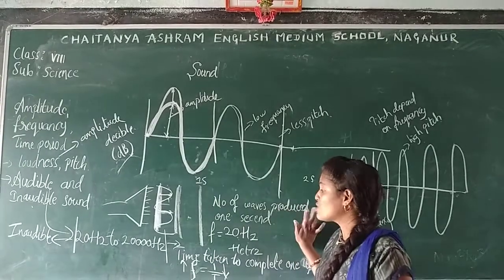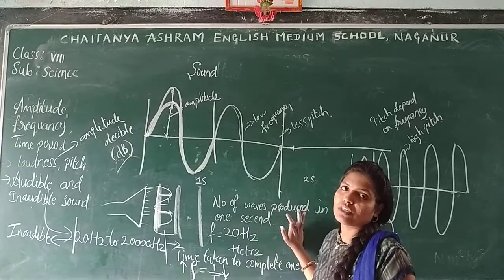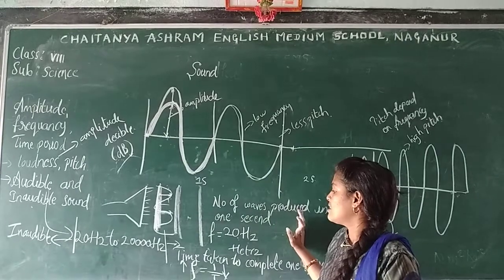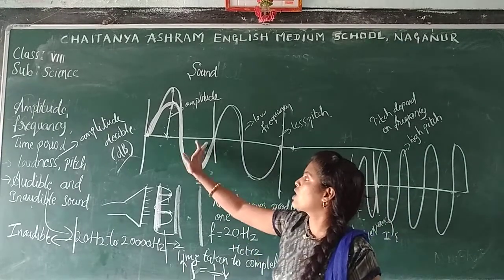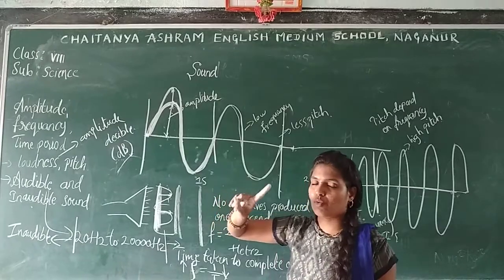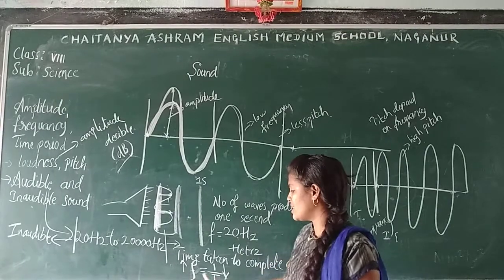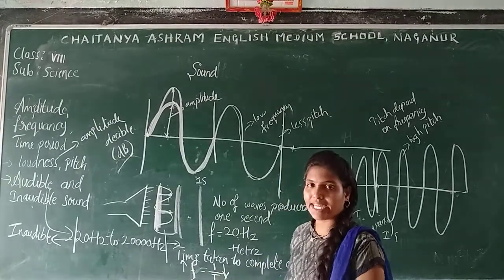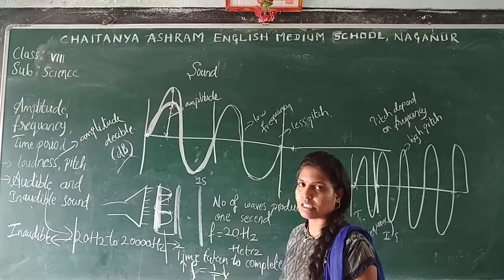If 20,000 are produced, then that is the frequency of that sound. Next, time period is the time taken to complete one cycle. The relation between frequency and time period is F equals 1 by T. It means when frequency increases, time period decreases.